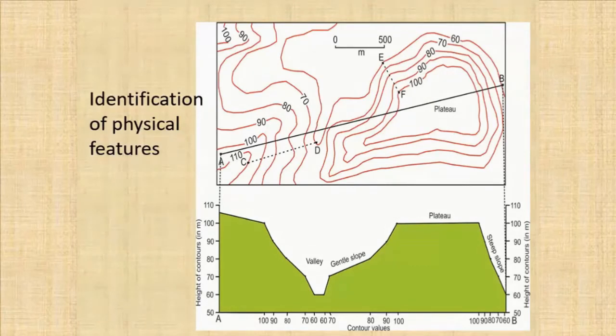From this topographical profile, you can see that the closely spaced contour, which is present near the point B, shows a steep slope.